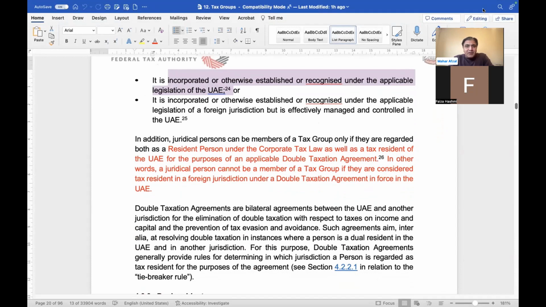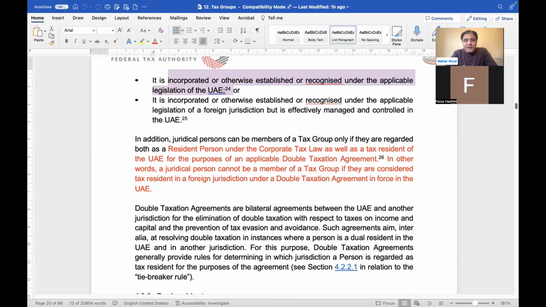If based upon the double tax treaty the person is a resident of the UAE, then the person can become a part of the tax group. If the person is not a resident of the UAE, then the person cannot become a part of the tax group. This is important. Then there is a possibility that a double tax treaty does not exist between these two territories.